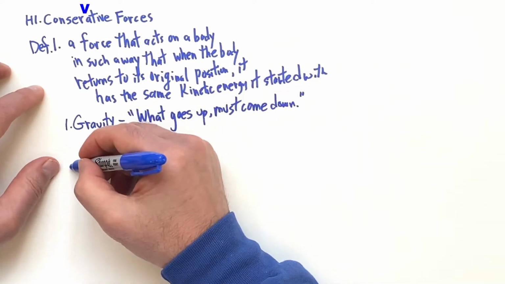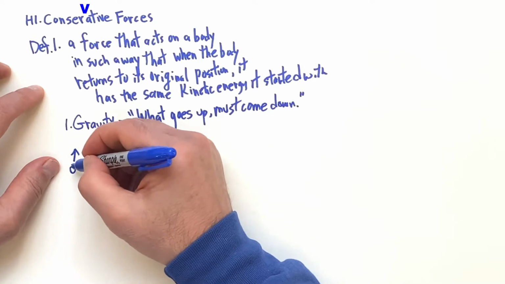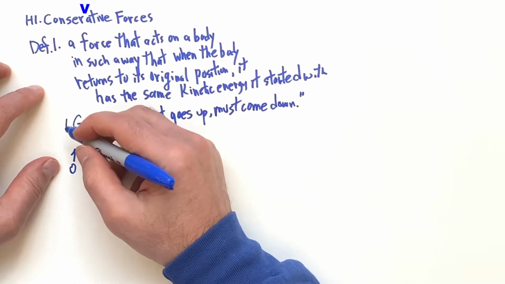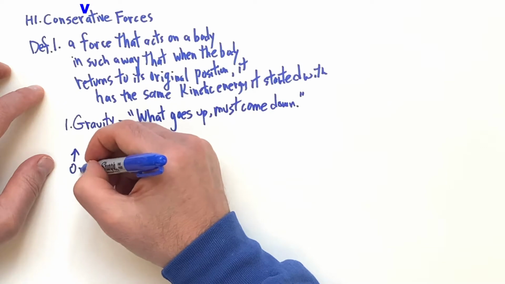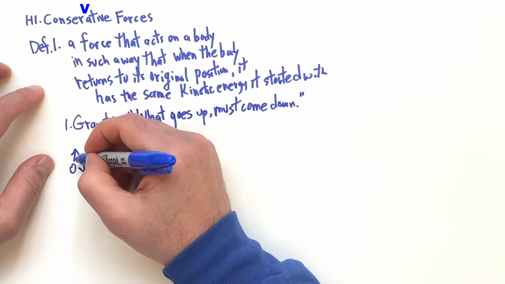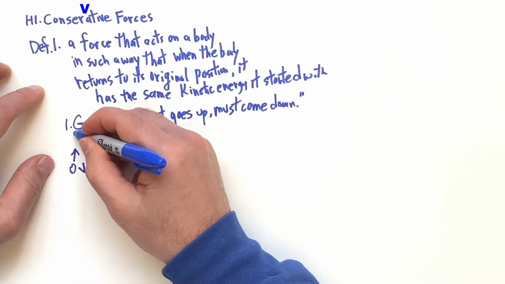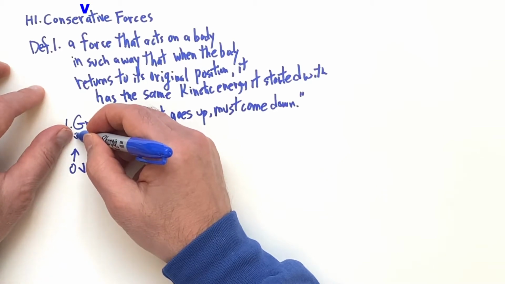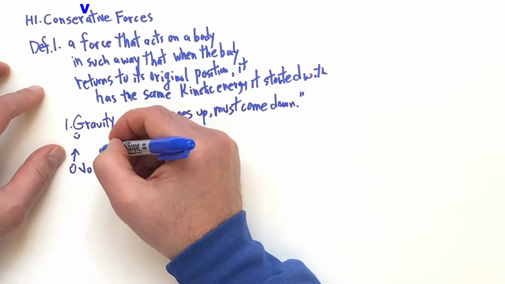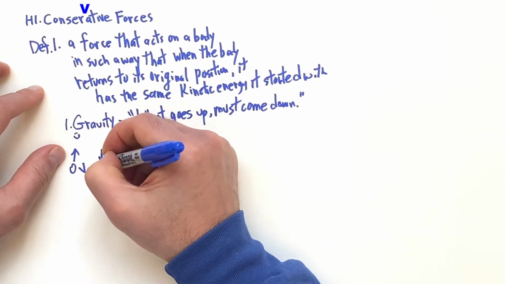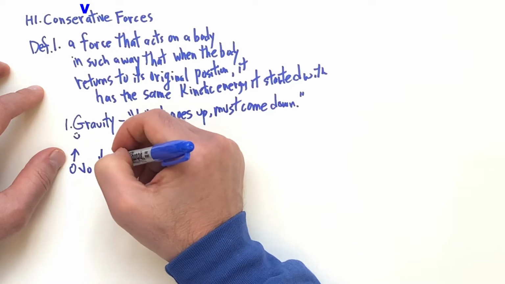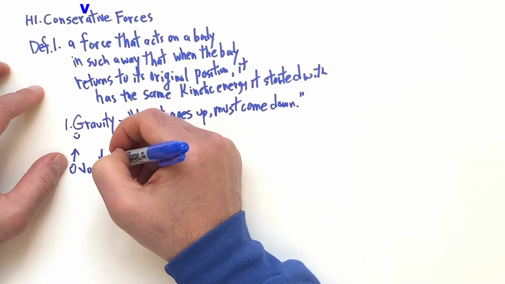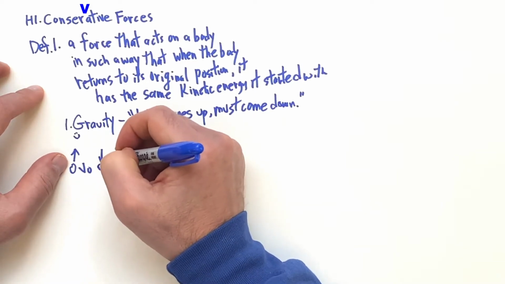So if you throw a ball upward with some velocity v initial, it'll go up and then momentarily it's going to have no velocity, still has acceleration though, and it's going to start coming down. And when it gets down to the bottom here, it'll have the same velocity, magnitude v naught, just going in the other direction.